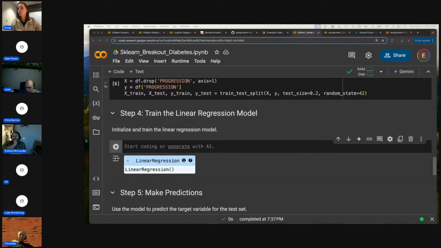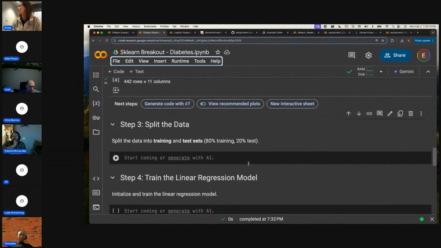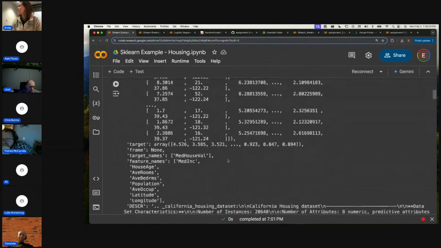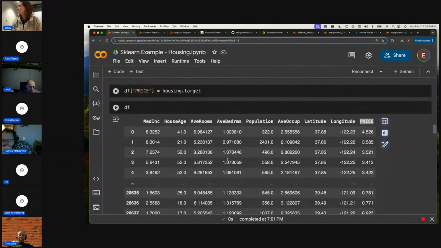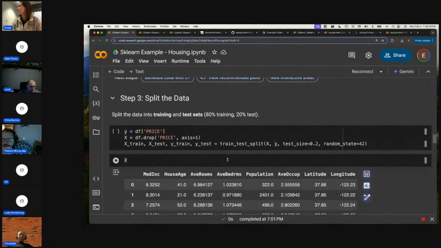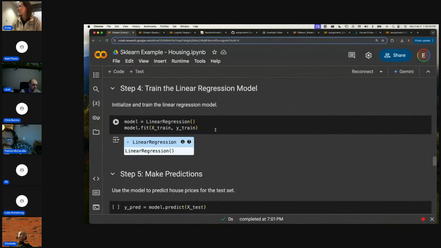All right, let's go look at what we did for our other notebook. Let's keep scrolling here. All right, here we trained a linear regression model.